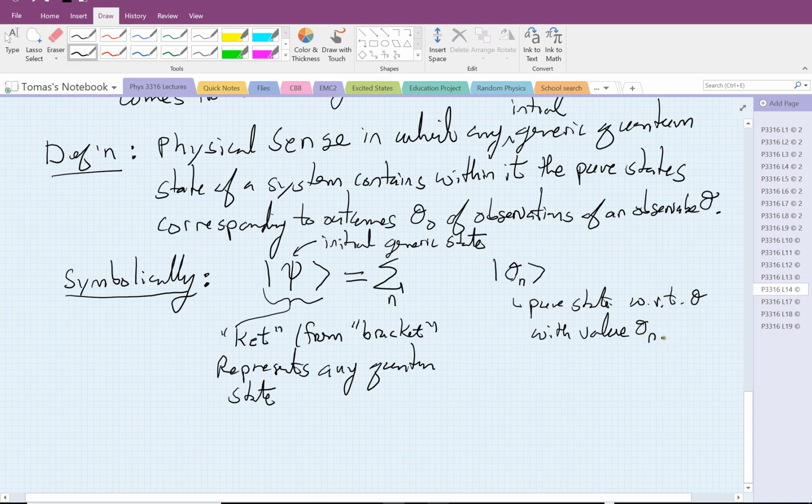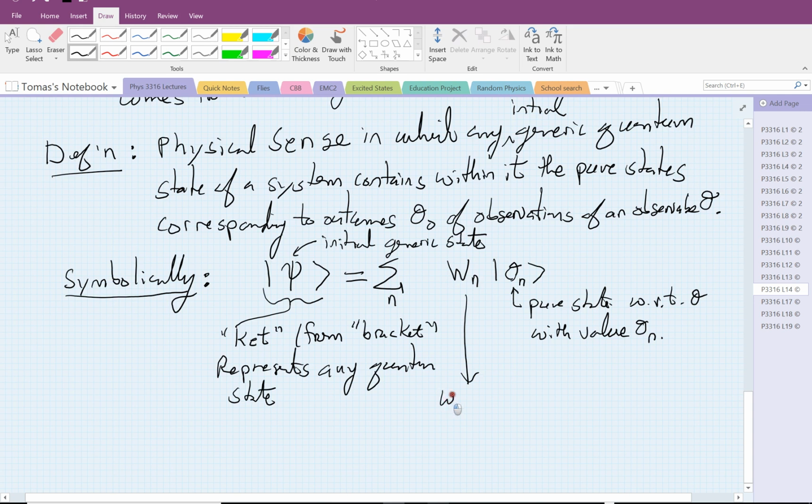Now, the last piece of this idea is that these states can come with different weights. There might be a state that you just don't have in your superposition, and then we would associate a zero weight with respect to it. Or we could associate other weights.